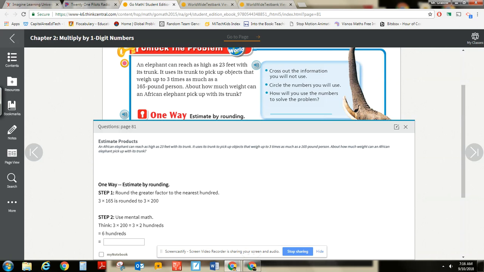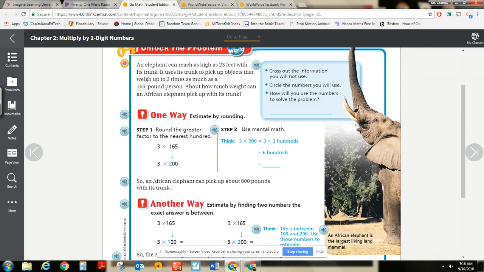This happens a lot, and I kind of wish they didn't do this on these first problems. But we know that lots of times we're given information that we don't need. And even though it is super interesting that an elephant can reach 23 feet with its trunk, it's not helping me answer the actual math question here.